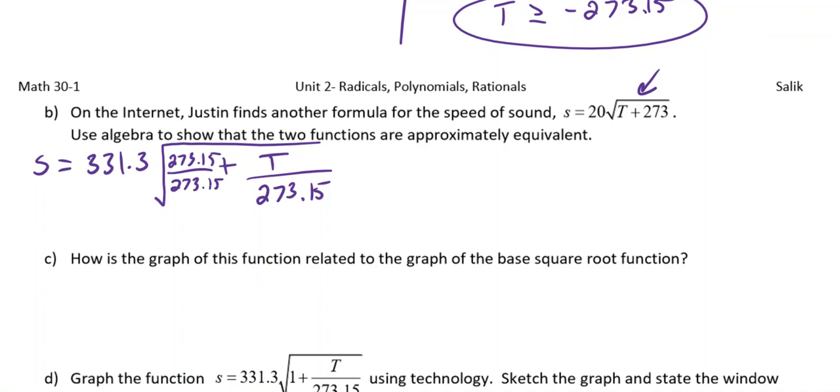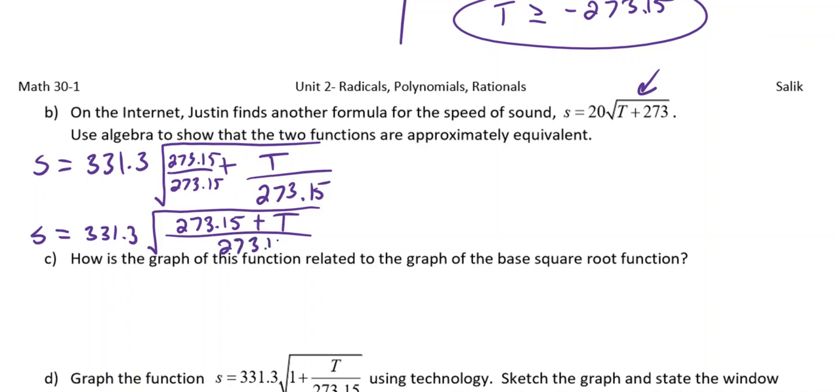So then that would look like S is equal to 331.3 and then square root of 273.15 plus t, and then I'm just going to write it over a common denominator, 273.15. Is everyone okay with that? Yeah? Okay. So we just did that for a second.